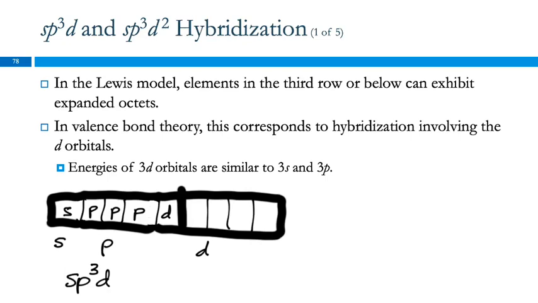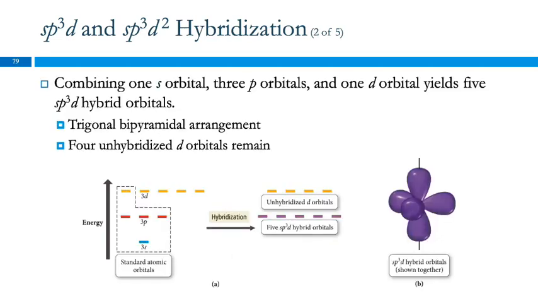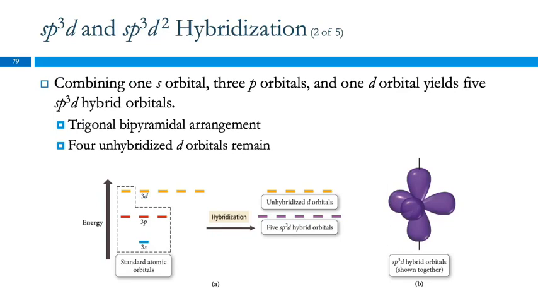Or we could go farther and take 2 of the d orbitals. So you would use this if you needed 5 electron groups, right? 1, 2, 3, 4, 5. So sp3d hybridization.